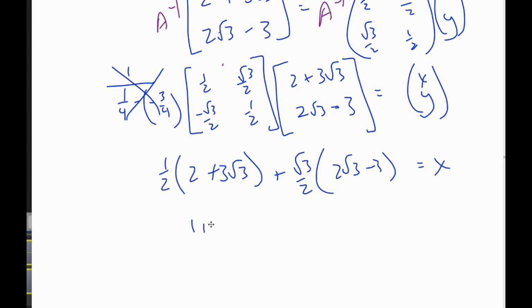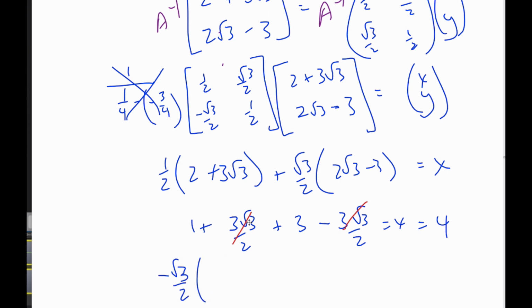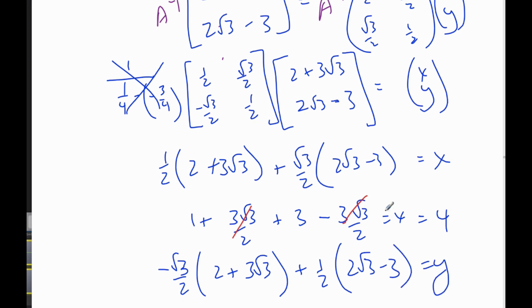So that's going to be 1 plus 3 root 3 over 2 plus, the 2's cancel, I get 3 minus 3 root 3 over 2 is equal to x. Well, happily, those cancel. And so I can say that x is equal to 4. When I'm going to find the y value, I'm going to go minus root 3 over 2 times 2 plus 1/2 times 2 root 3 minus 3 is equal to my y value.